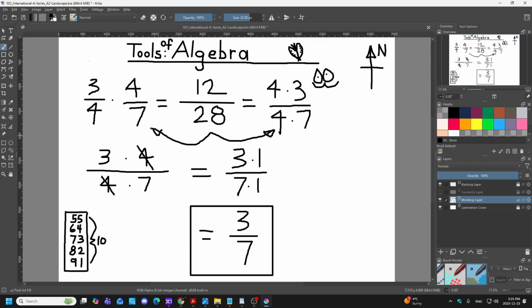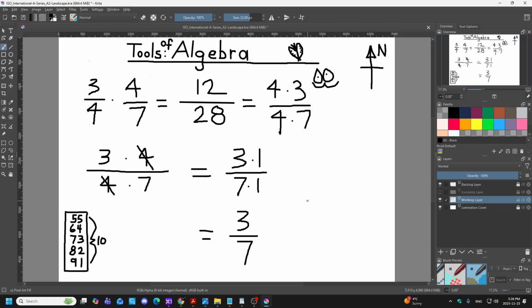You can clearly see. So don't waste time. Recognize that we could cancel right here in the beginning, and then just continue. Moments saved.